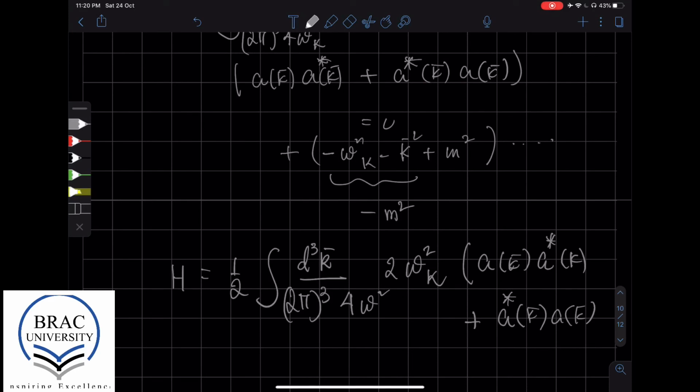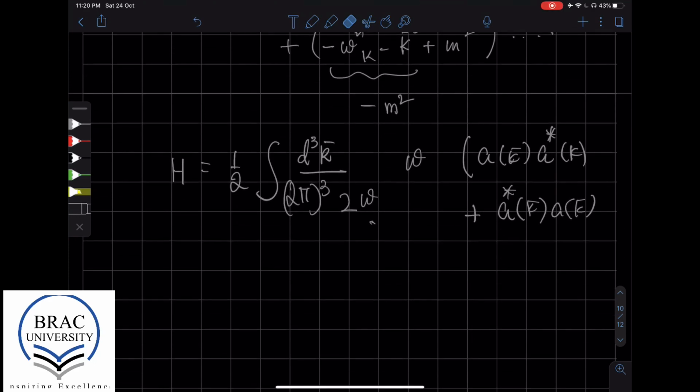Now, we want the usual Lorentz invariant measure. So what we do is that this 2 cancels out one of the 2s here. So we get 2 here. And the other thing is that I want to have only one factor of omega here. So I just cancel one factor of omega with one factor of omega here. So this is the expression for the Hamiltonian that I'm going to have.